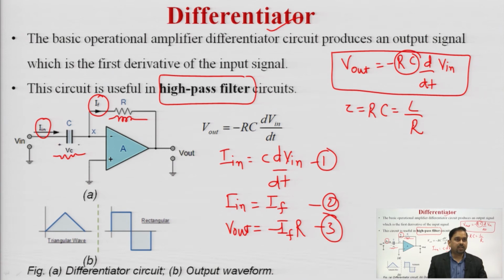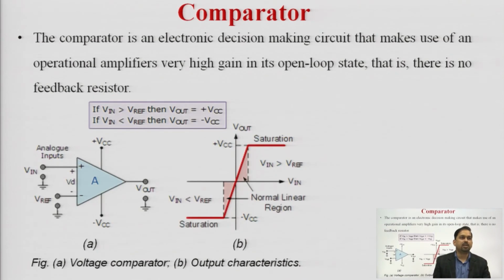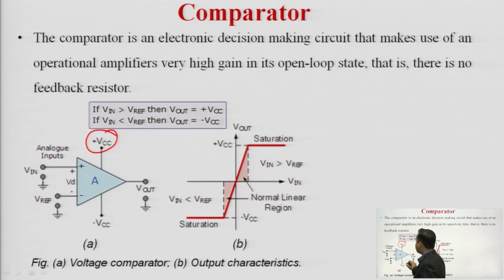After this differentiator, we have the comparator circuit, the voltage comparator. As I have already told, these comparators utilize the open loop configuration, means we are not going to add any feedback, neither negative nor positive feedback. So how will this work? This is plus VCC and minus VCC, that we have talked, that the op-amp works on a dual power supply.